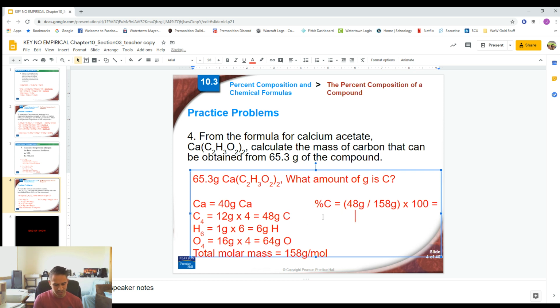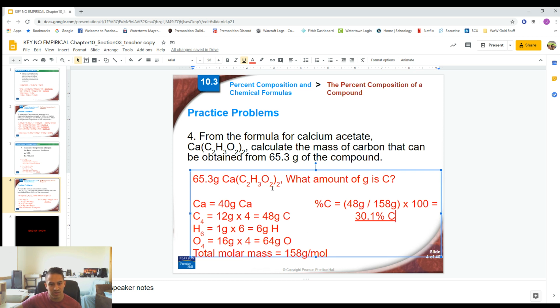Okay, so 48 divided by 158 times 100. Let's round to 3 significant figures because this 65.3 has 3 significant figures. So I get 30.1% of this is carbon. Okay, so 30.1% of this whole compound is carbon.